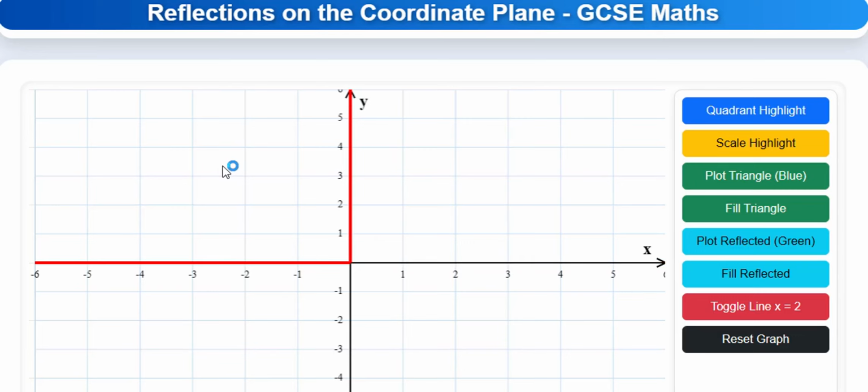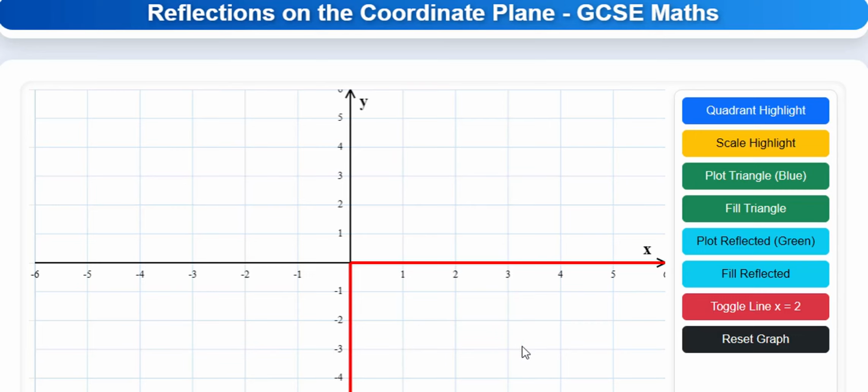On the second quadrant, the scale for the y-axis is positive, but the scale for the x-axis is negative, as you can see. On the third quadrant, both the x and the y scales are negative. And then on the fourth quadrant, the x-axis scale is positive and the y-axis scale is negative.